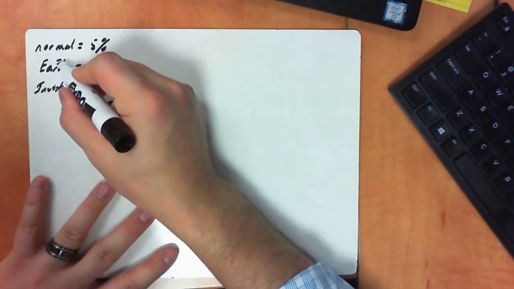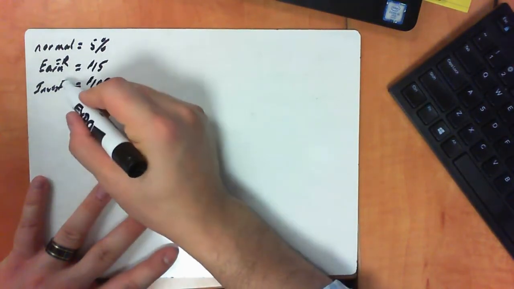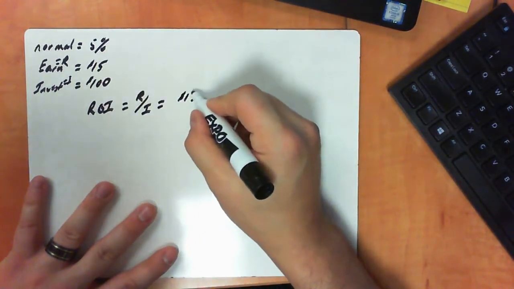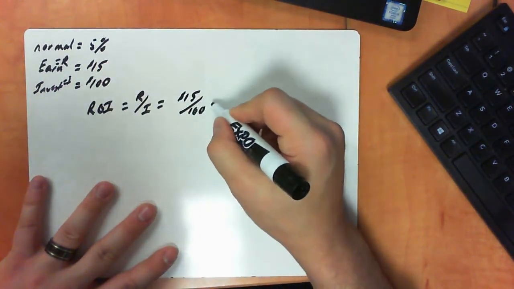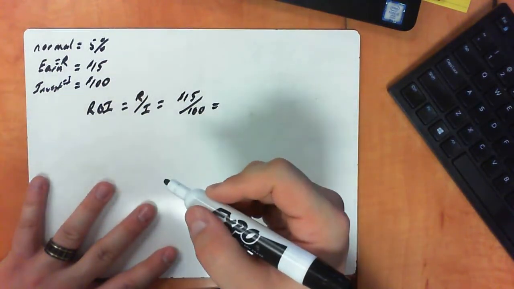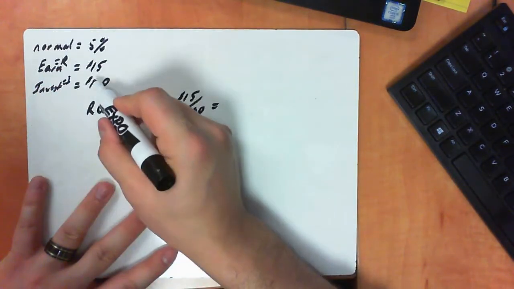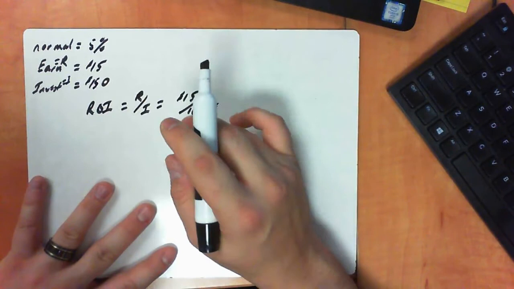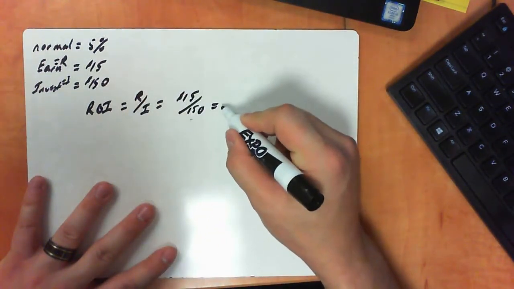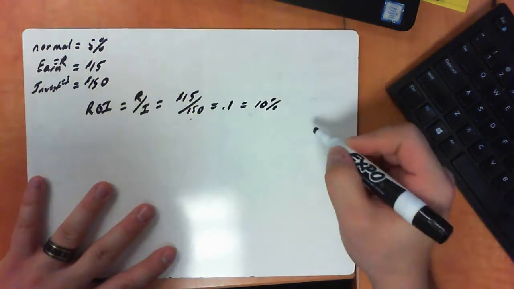So we say earning is your return, divided by our investment. We would say it's $15 divided by 100, which is, if we say our investment is 150, and therefore, our rate of return here is 15 divided by 150 would equal 0.1, which is equal to a 10% rate of return.